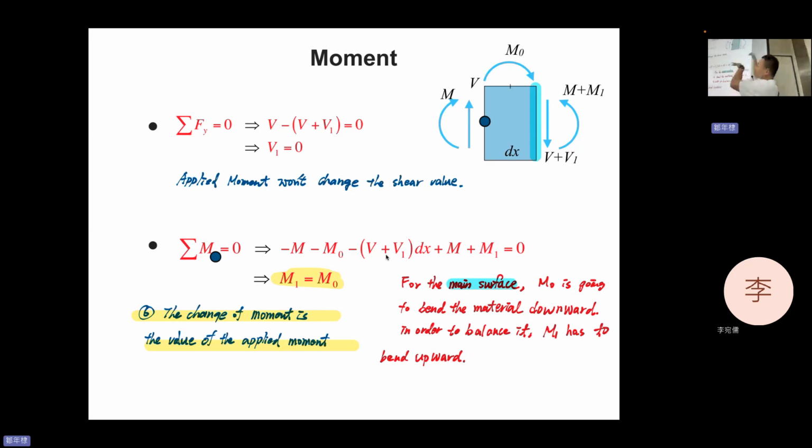So M1 needs to be balanced to upward. One downward and one upward, they need to balance each other.